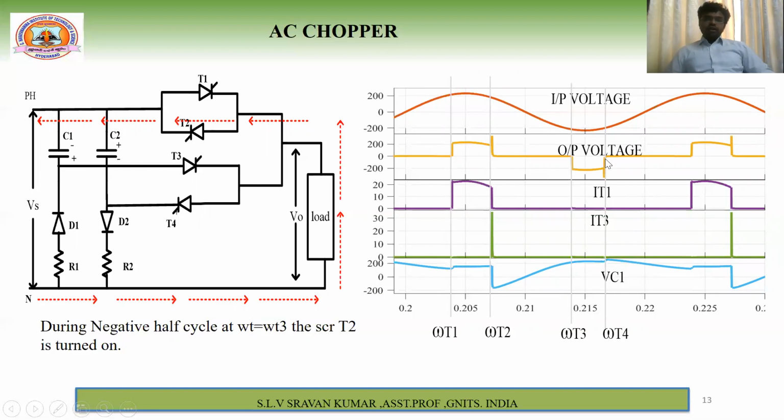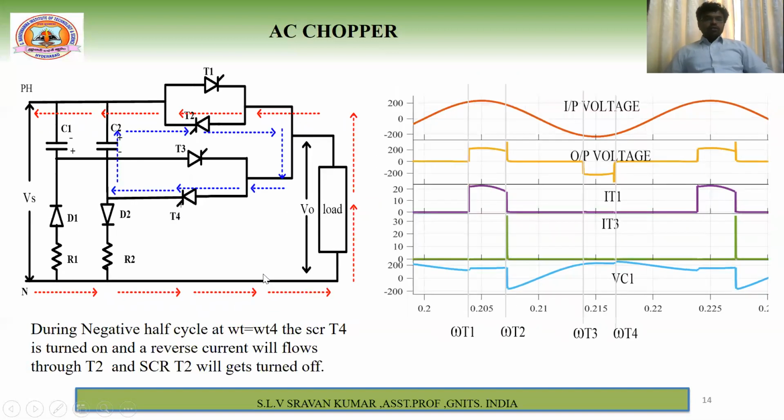Again, I want to turn off here. Then what happens for T2? T4 we have to turn on. So see here, for this cathode you have negative voltage, and here positive will be coming. Therefore, it will also turn on.